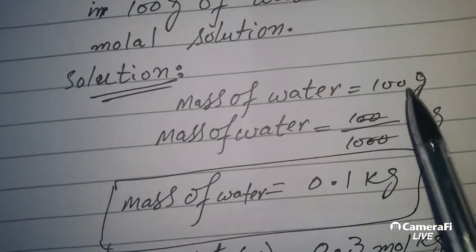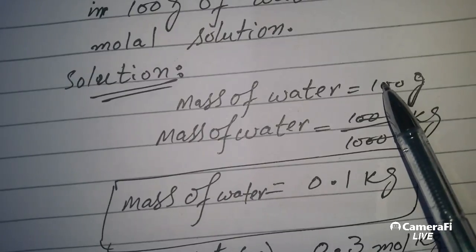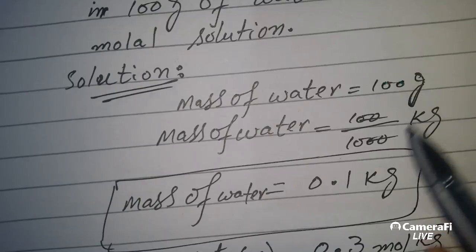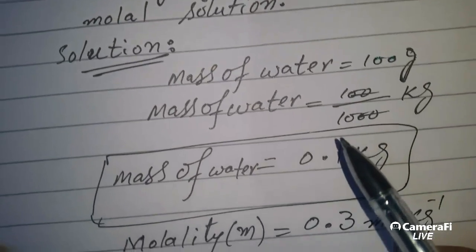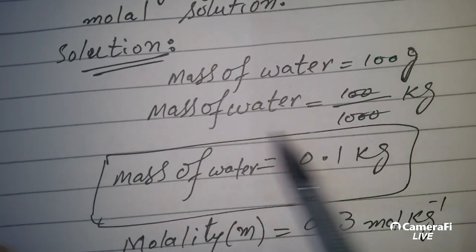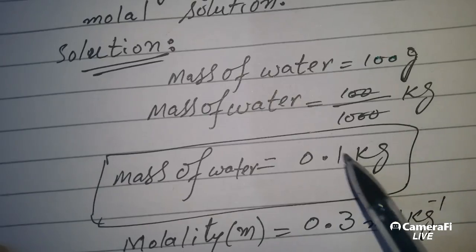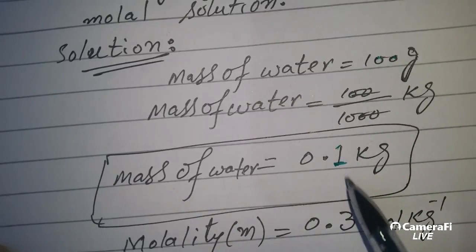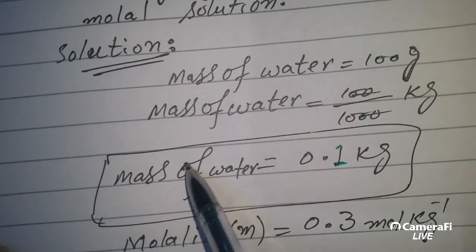Mass of water is actually given, and which is our solvent, and we want to convert this mass from grams into kilograms. So in kilogram we have 0.1 kg mass of water.